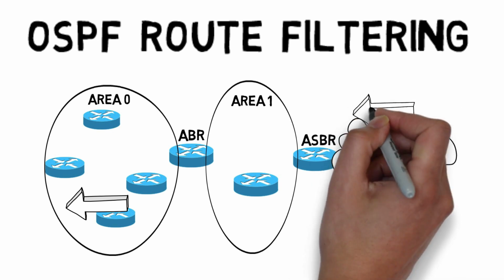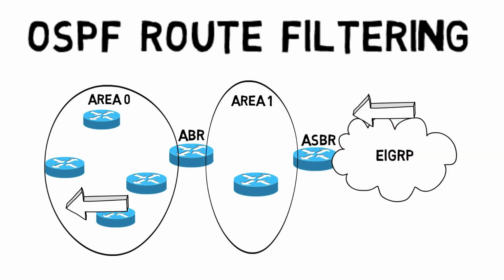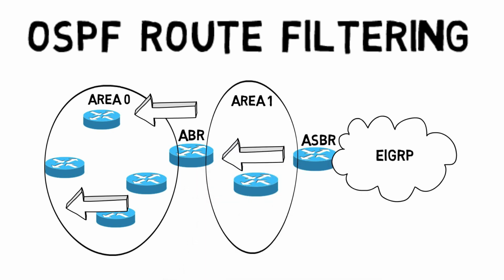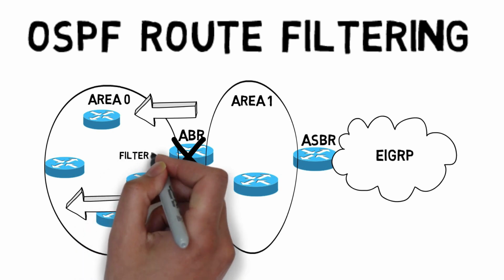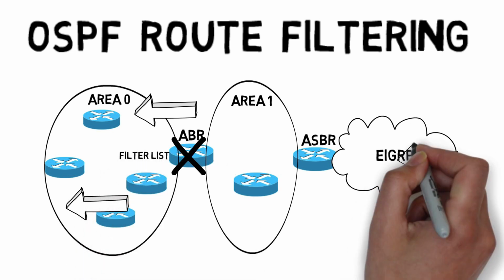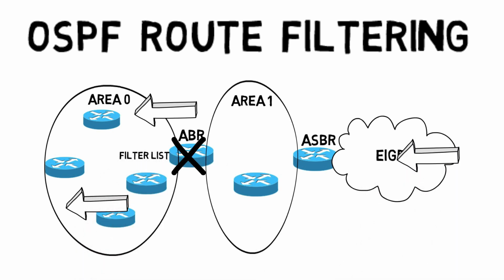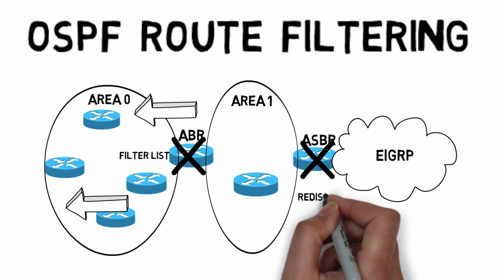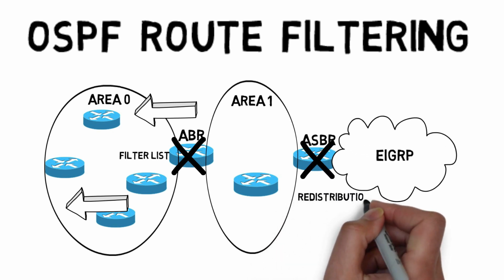Let's say we've got a network in the EIGRP autonomous system, and it's being advertised into OSPF. Well, it's going to be advertised via a type 5 LSA that's generated by the ASBR. And because of the way this works, an ABR might be a very appropriate place to filter a type 3 LSA. We can do that with a filter list. And the ASBR, it could be an appropriate place to filter a type 5 LSA. And that's going to be done as part of a redistribution configuration, something we'll talk more about in our next module.